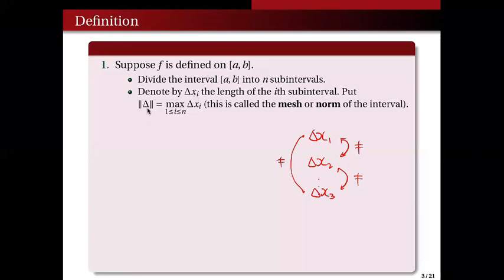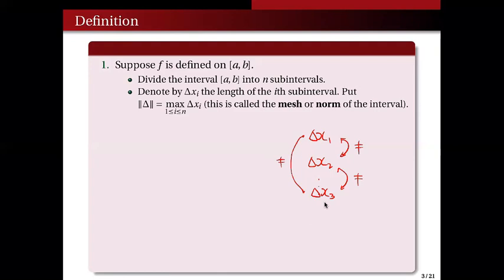But what we're going to do is we put this symbol, this triangle, and we assign to this symbol the maximum value of your delta x sub i. Meaning, you have values for delta x1, delta x2, delta x3 until delta xn.